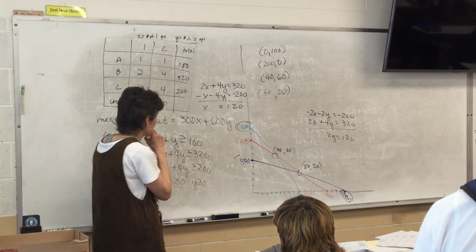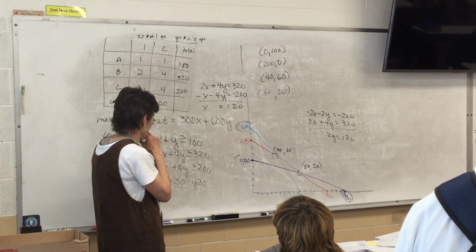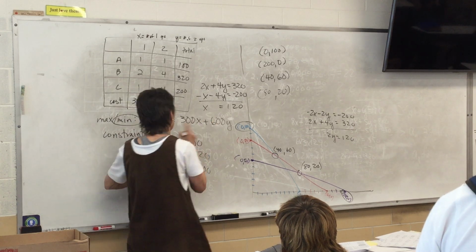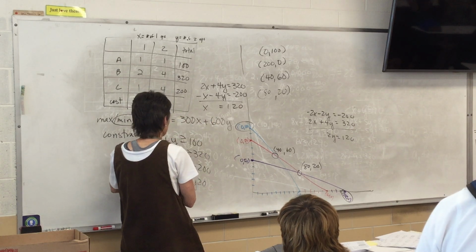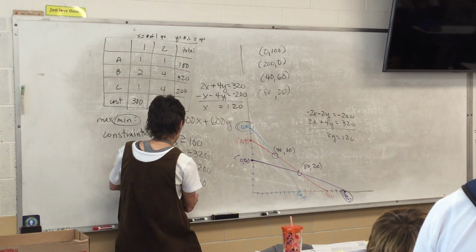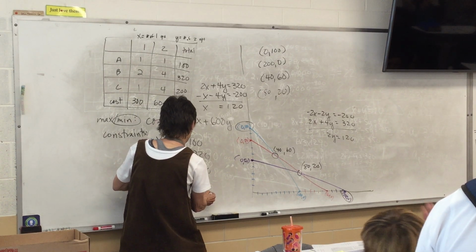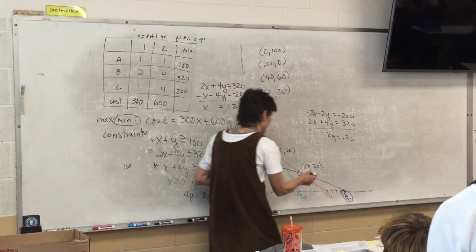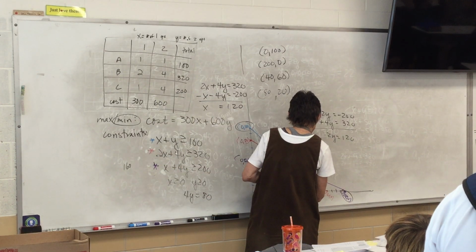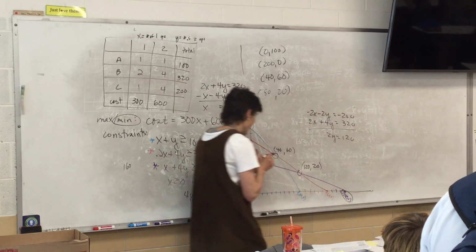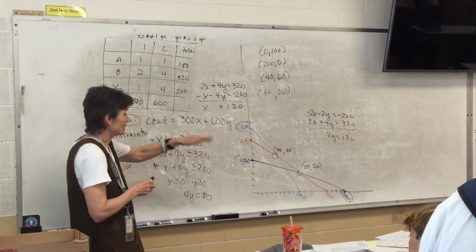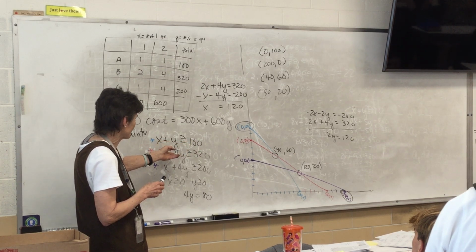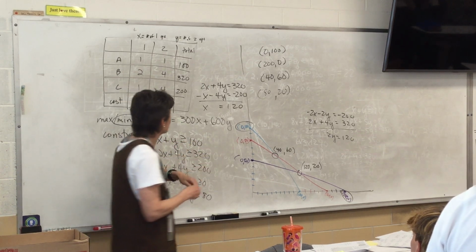Oh, yeah, okay, I'm plugging it back in the wrong equation, that's my problem. So if x is 120, then y is 20. Yeah, that was my problem, I kept getting 20 for my y, but then I was plugging it in this equation for some reason. Okay, now that's it.